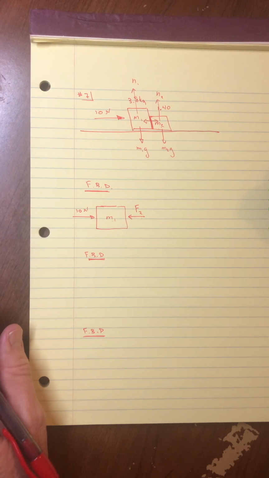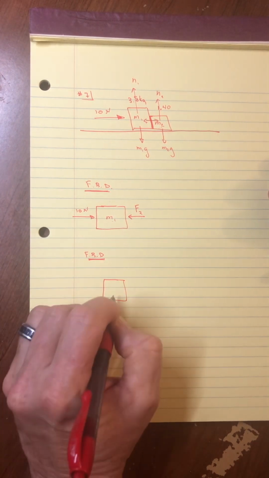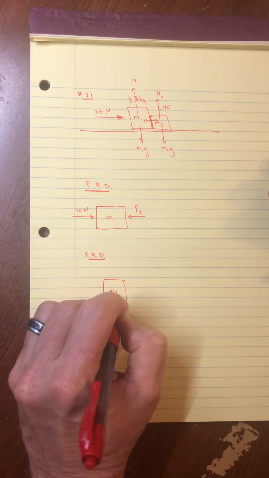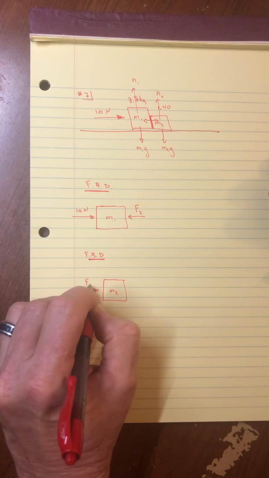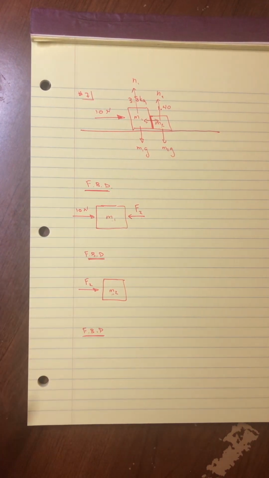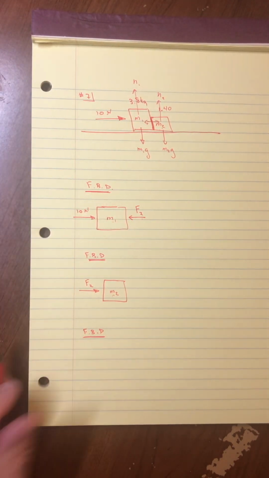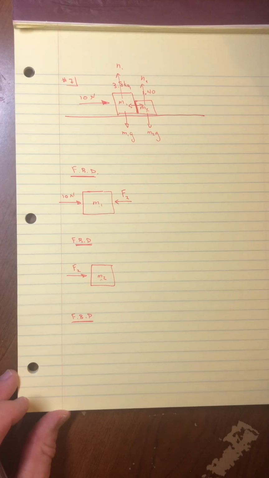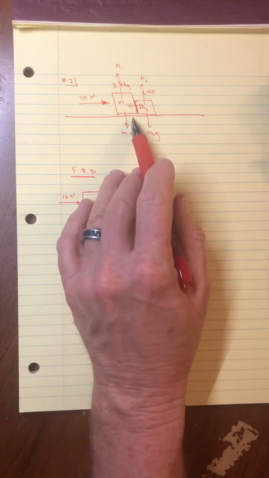Okay. Now, notice then that if I do a free body diagram of block number 2, I would see that block number 2 is being pushed, and it is from number 1. It's this little contact area between them, and it's important to keep track of which forces are which, but just as important is to realize block number 2 does move.